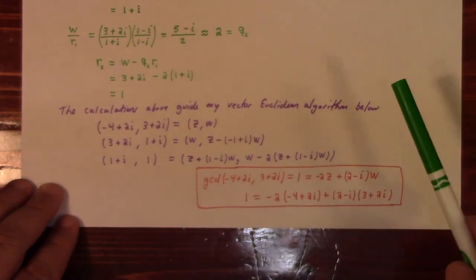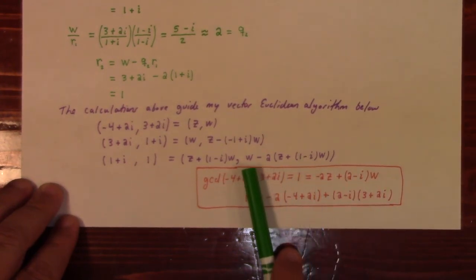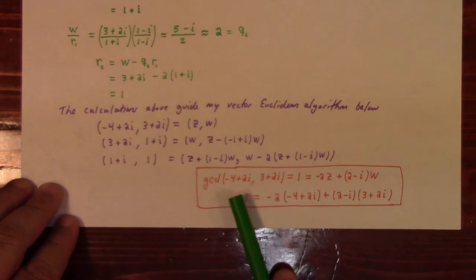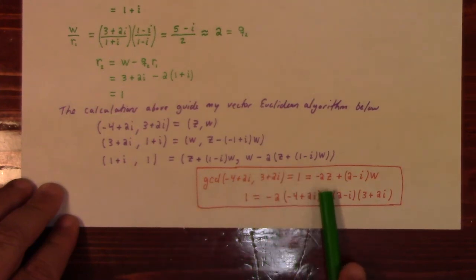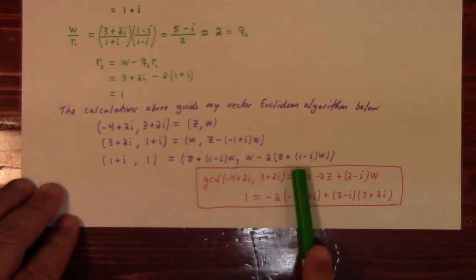1 is equal to that, which means that 1 is equal to minus 2z, and then I just clean things up here because I've got a 1 minus, oh man, did I mess that up? Well, the minus 2z seems right. But this would give me w and then minus 2w.